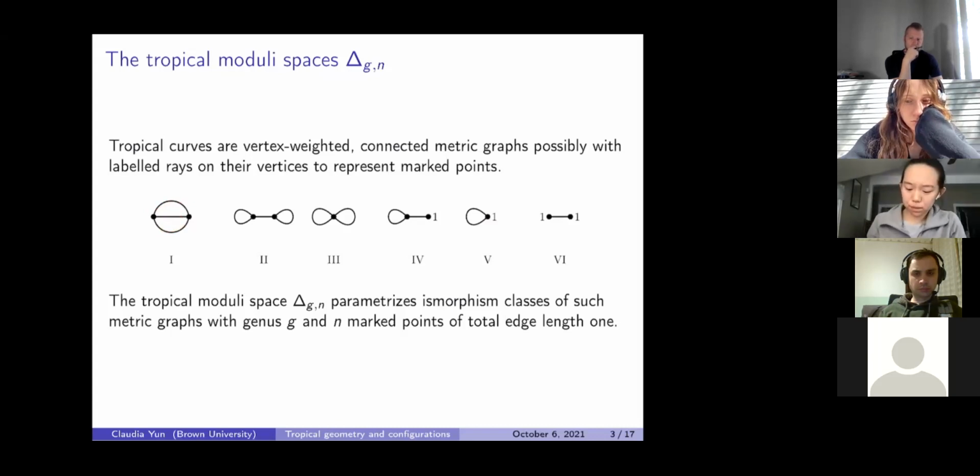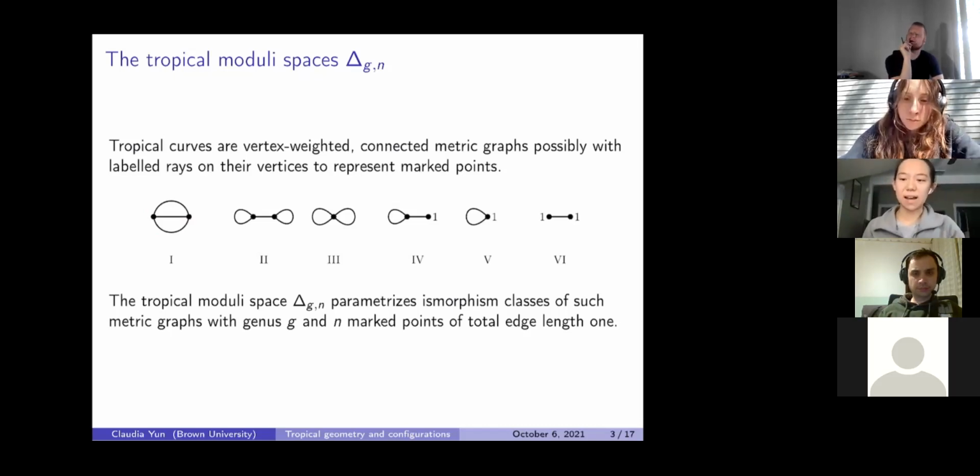And so in general, ΔGN as a topological space has the structure of something very similar to a delta complex, where each of your combinatorial graphs gives the interior of some simplex, depending on the number of edges in your graph. And then we're gluing all these simplices together.